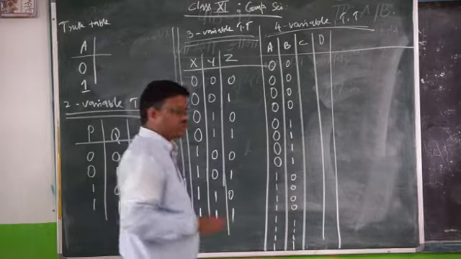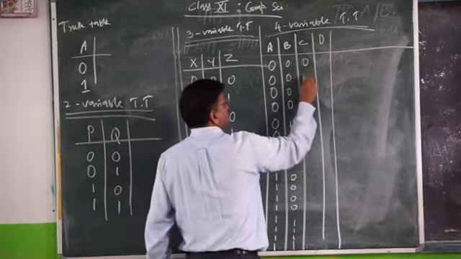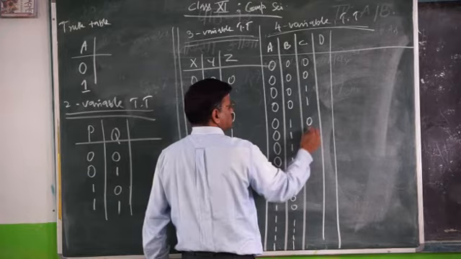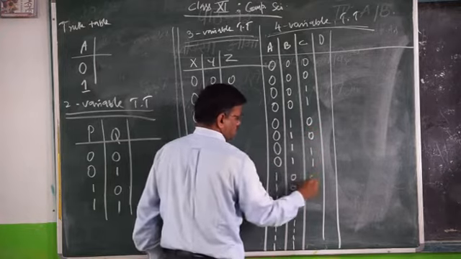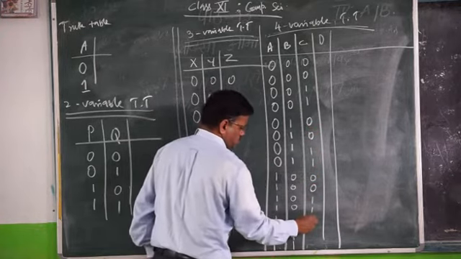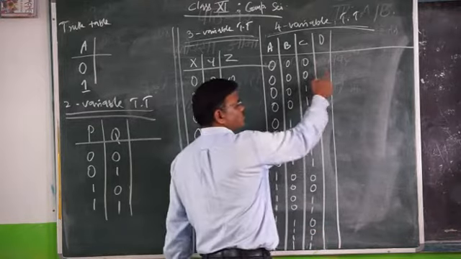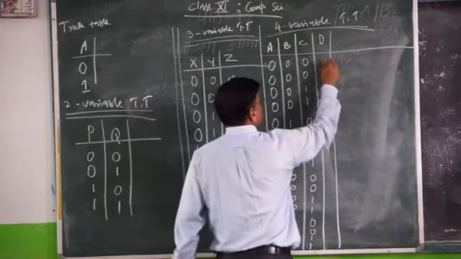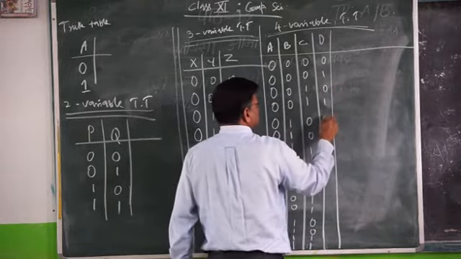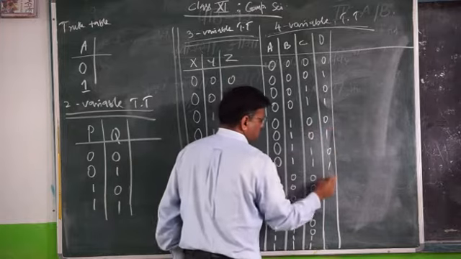Half of 4 is how much? 2. So double 0, double 1. Half of 2 is how much? 1. 0, 1, 0, 1, 0, 1, 0, 1, 0, 1.